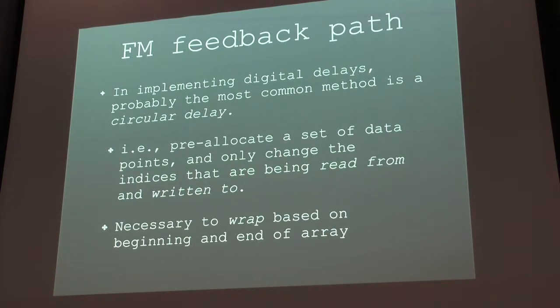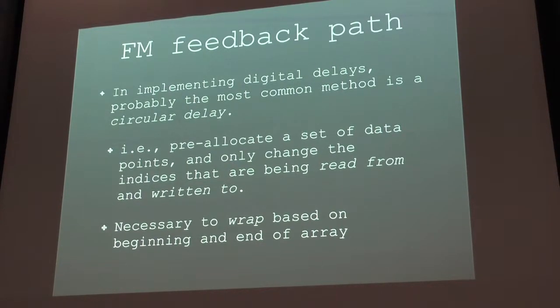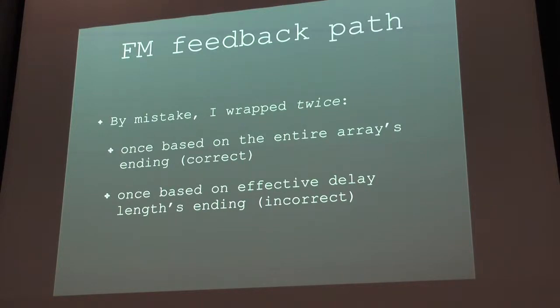But then another thing that's within this first rule is that in implementing digital delays, a very common method is by using a circular delay where you pre-allocate a buffer and you only change the indices, the read and write pointers, and you basically wrap the data around that buffer. But I made a mistake when I was first coding this.